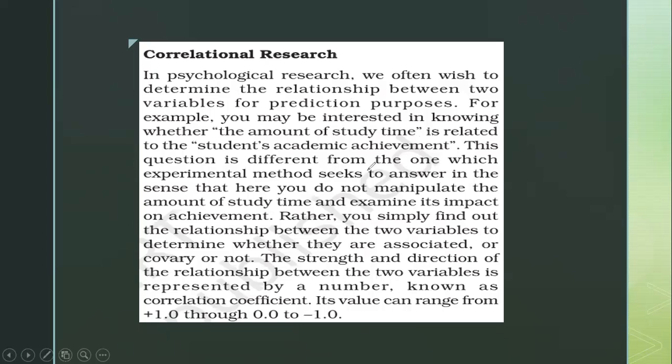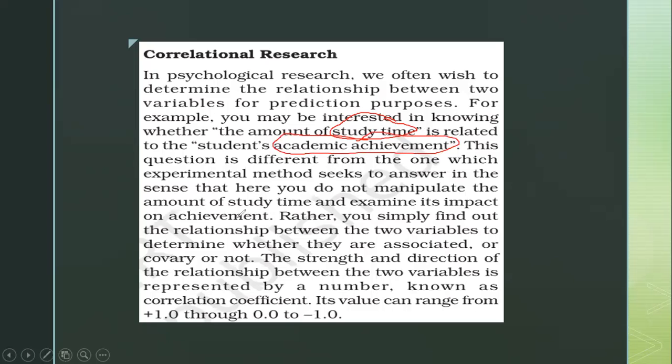This question is different from the one which the experimental method seeks to answer, in the sense that here you do not manipulate the amount of study time and examine its impact on achievement. What he is saying is that there are two variables and you will be observing them, study time and academic achievement.